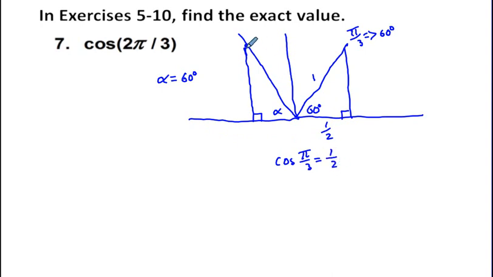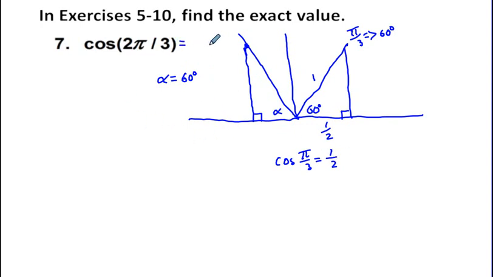But here we are over here in quadrant 2, and so the only question remaining is cosine of 2 pi over 3, over here in the upper left quadrant of the coordinate plane. Is that going to be negative 1/2 or positive 1/2?